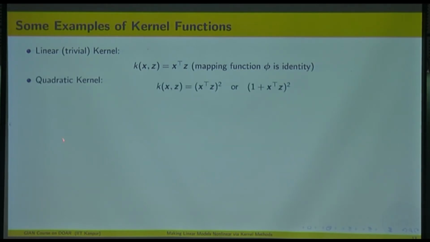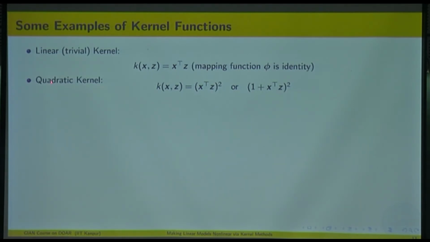There are also various other kernels, something called a quadratic kernel, where you define it as the same kernel that we saw earlier, x transpose z squared, or you can add some offset to this. You can say 1 plus x transpose z, squared. Note that again, this is some notion of similarity between x and z, but not only in the original space, but in some higher dimensional space.